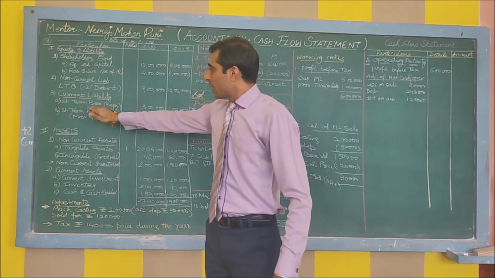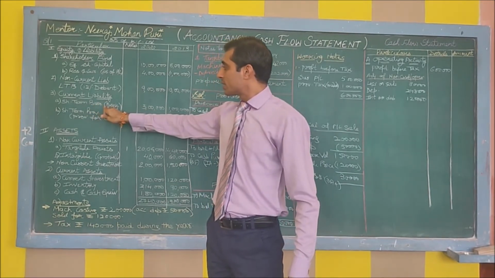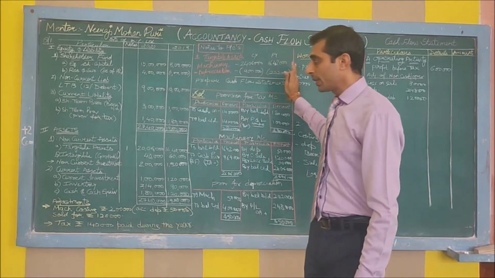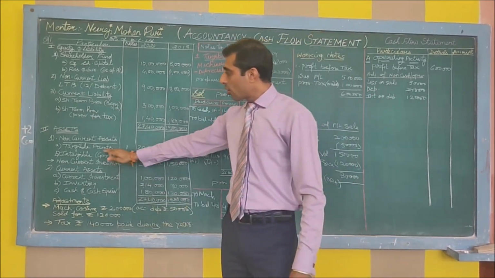Once this is done, our short-term borrowings, bank overdraft, will be a financing activity. Provision for tax, we have prepared the ledger account, so it will not come here in operating activity.